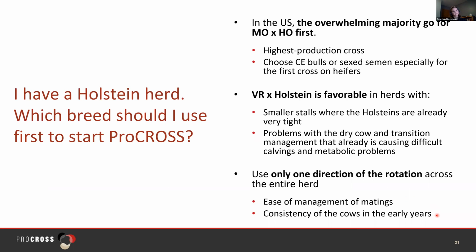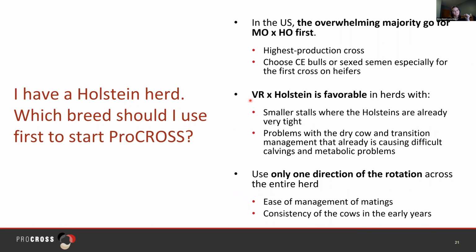A secondary reason to do that is, when you do the rotation in one direction, all of a sudden your cows look and seem a lot more consistent. If you have the G1 of both this type and this type, they're going to look like 2 very different cows out in your pen. And you're going to get that idea that the consistency isn't there.